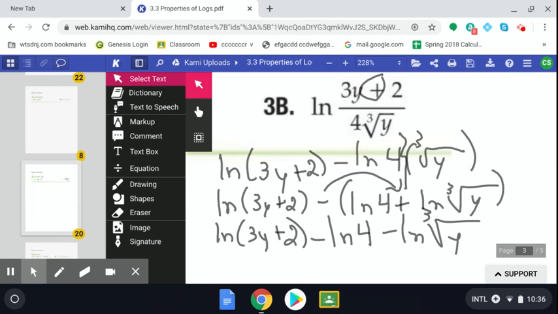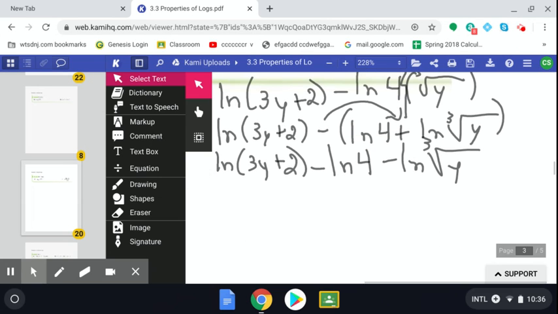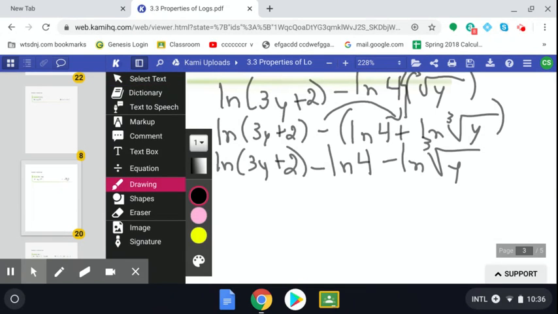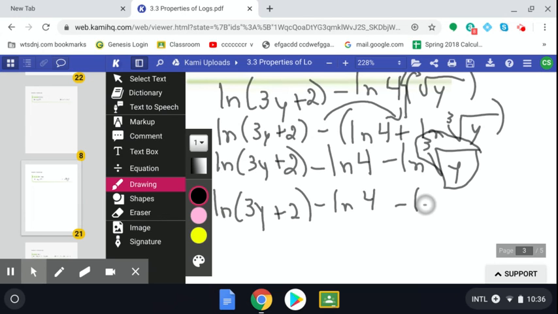I'm moving along nicely here. So now what else can I do? Well, I can rewrite this as a rational exponent. So I'm left with natural log 3y plus 2 minus natural log 4. And I'm going to write that as an exponent first. So minus natural log, you should know that cubic root of y could be rewritten as y to the 1/3 power.